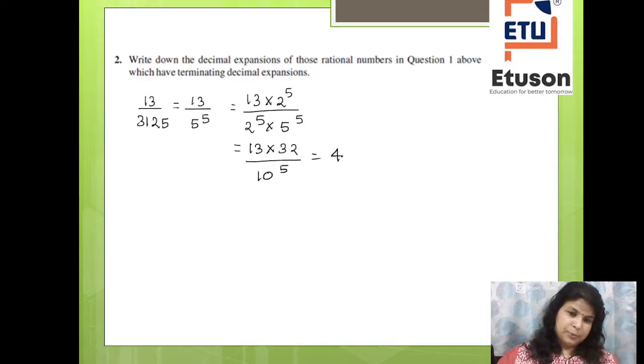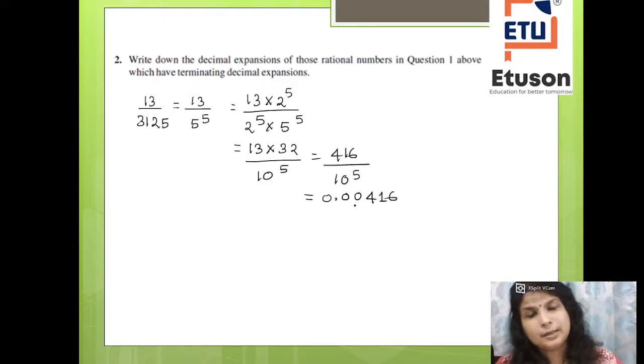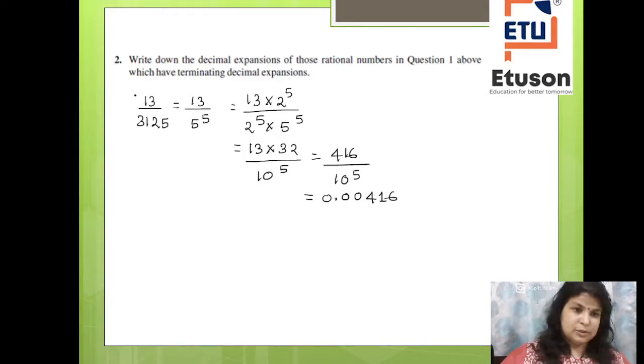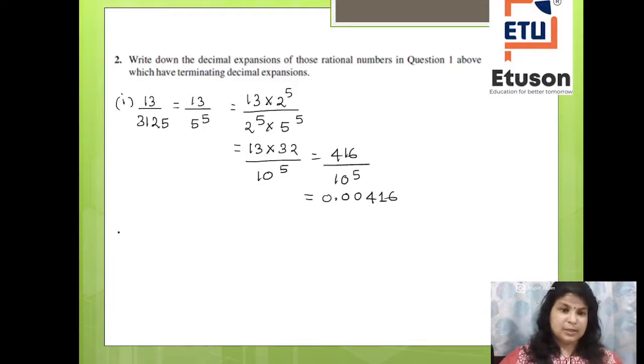So answer is 416 divided by 10 to the power 5. So answer कितना हो गया, 0.00416। ये हो गया तुम्हारा टर्मिनेटिंग डेसिमल एक्सपेंशन। So this is what you have got, terminating decimal expansion. So bit 1 you had got terminating decimal expansion. I think in bit ix also, that is for 35 by 50 also you had got terminating decimal.